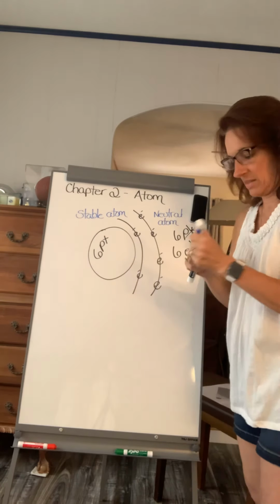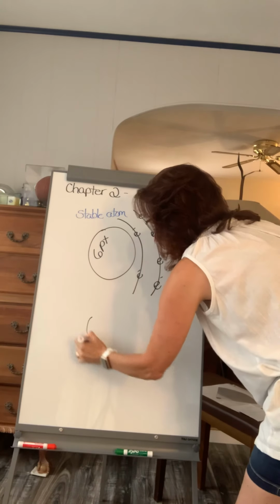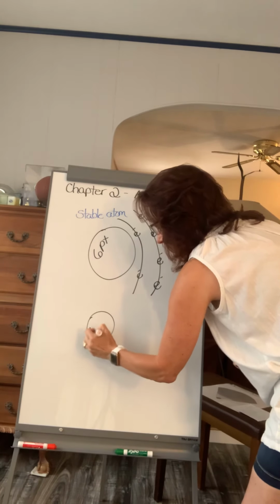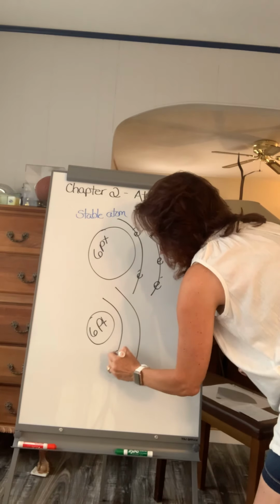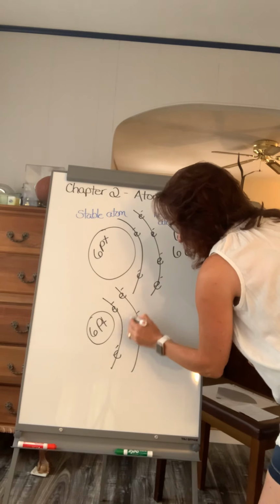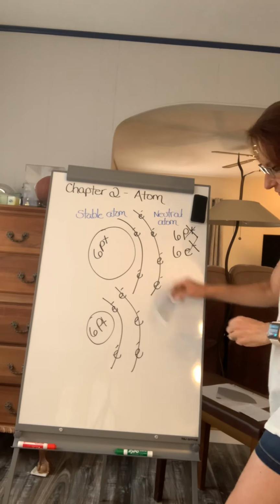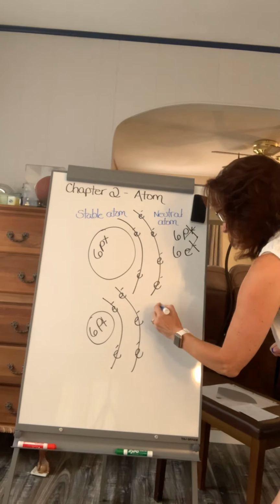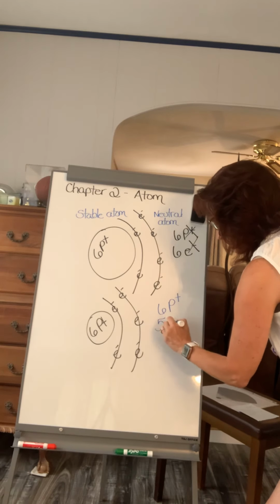Now, let's say we have the same kind of thing down here, and we have 6 protons, but let's say that we only have 5 electrons. So now we have 6 protons and 5 electrons.